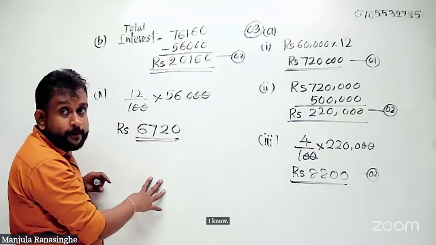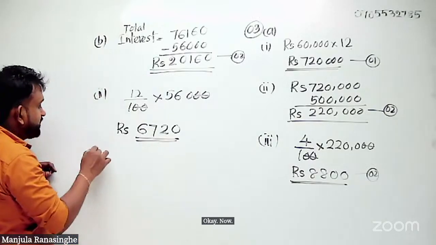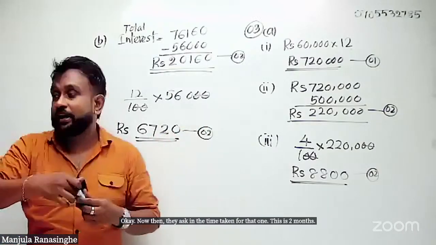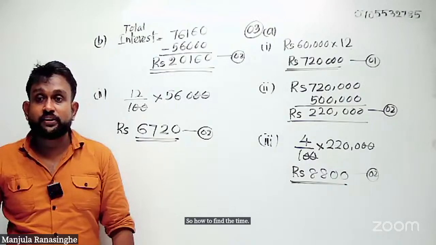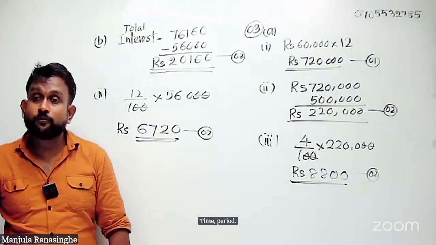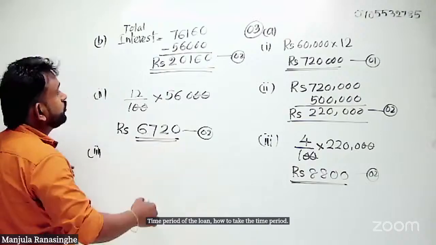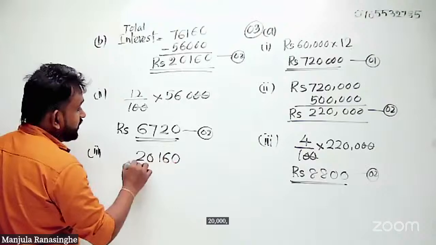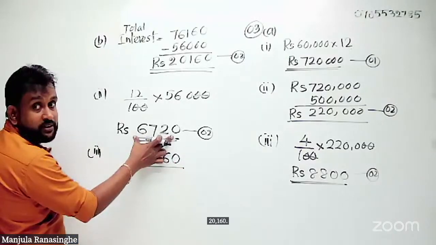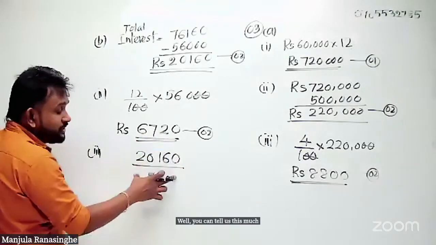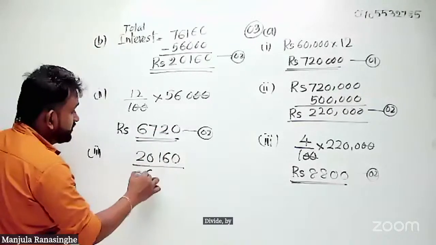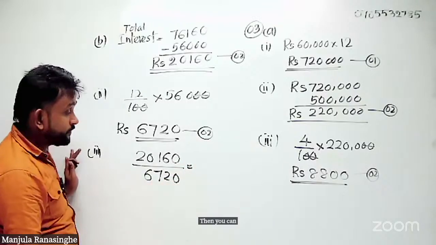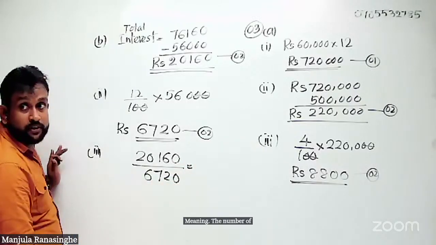Interest for a year done. Now they ask for the time taken. This is 2 marks. So how to find the time period of the loan? The total interest charge is 20,160, and the interest per year is 6,720. Just divide the total interest by the interest per year to get the number of years.